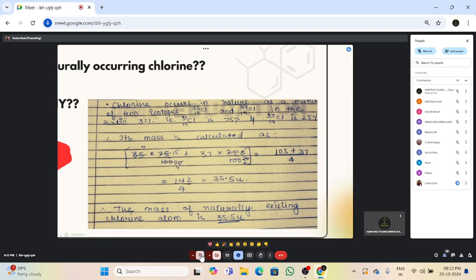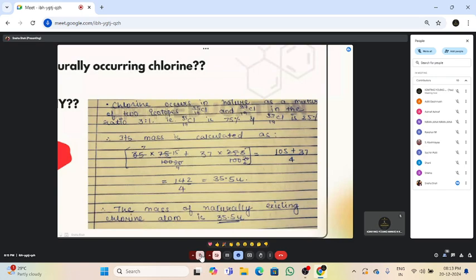So in nature, chlorine occurs as a mixture of two isotopes, 35Cl17 and 37Cl17, in the ratio 3 to 1, that is 75% and 25%. If we take 100 grams of a naturally occurring chlorine compound, 75 grams is the chlorine 35Cl17 and 25 grams is the chlorine 37Cl17.